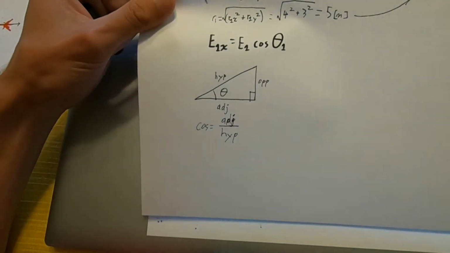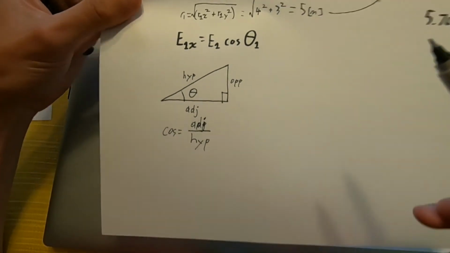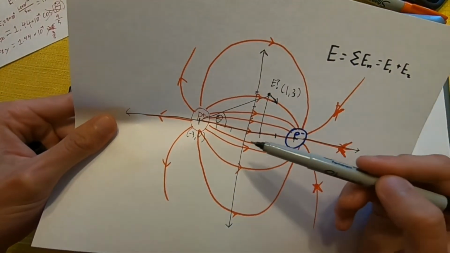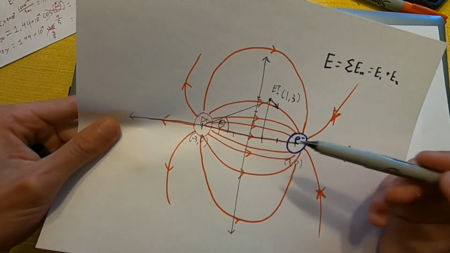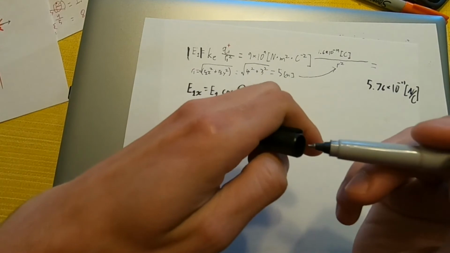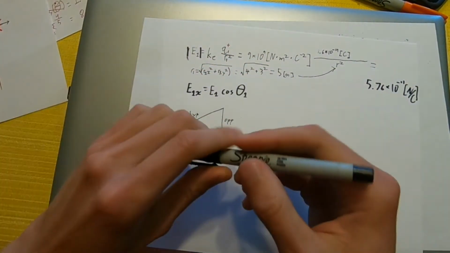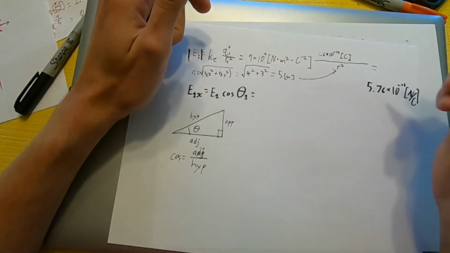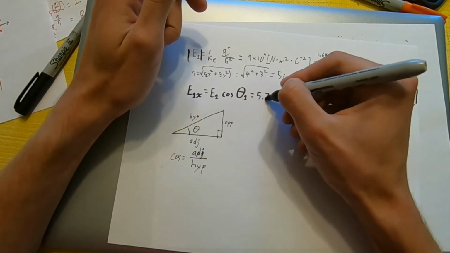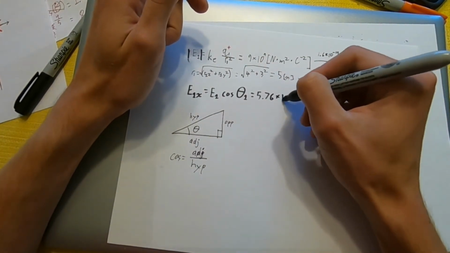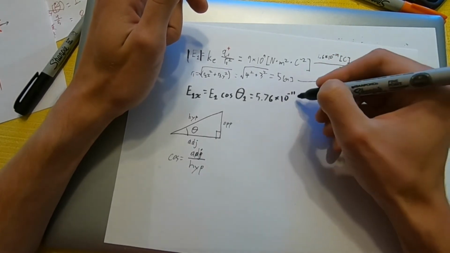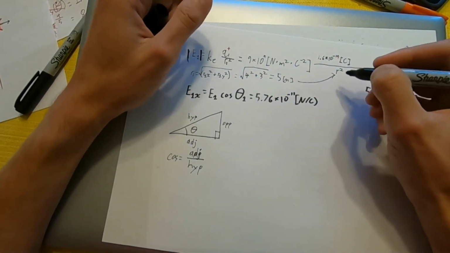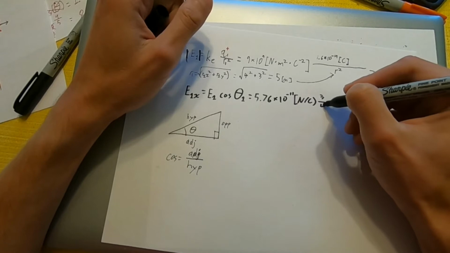So in this case, we don't actually need to know what this angle is, since we already know what this component is here and what this component is here. We know that we're going 3 up, 4 across. We can just use that to say that this is going to be equal to E1, which is 5.76 times 10 to the negative 11th newtons per coulomb, times 3 divided by 4, right?